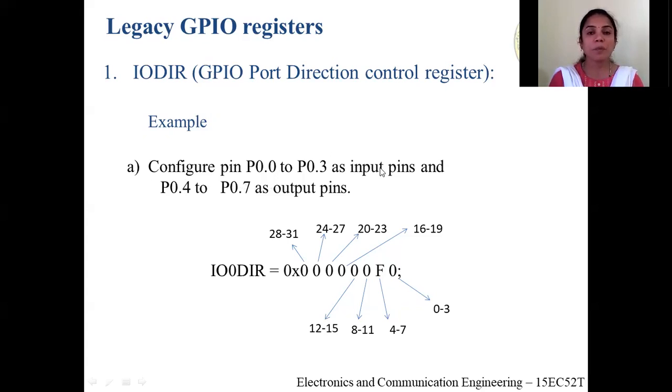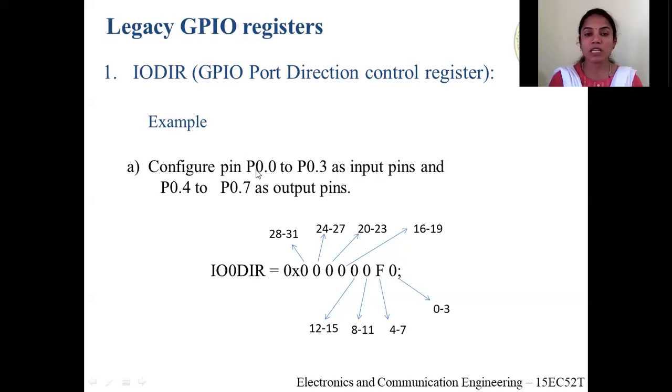To set pins as input pins, we have to set value 0 on that pin by using the IODIR register, or to configure pins as output pins, we have to send value 1 on that pin by using the IODIR register.